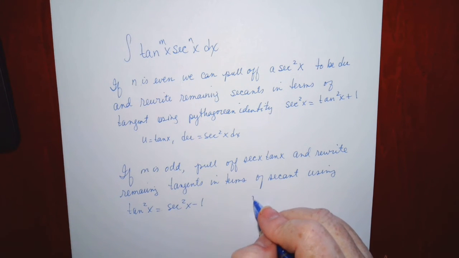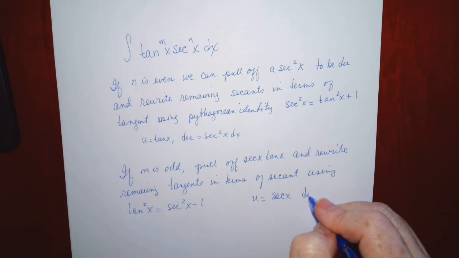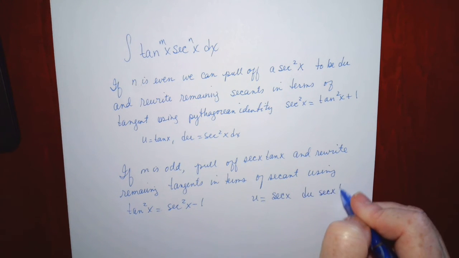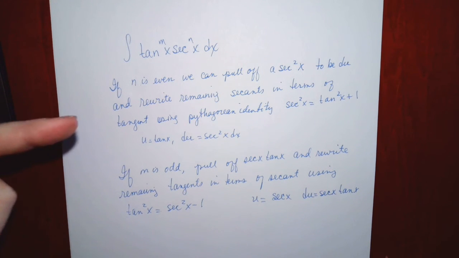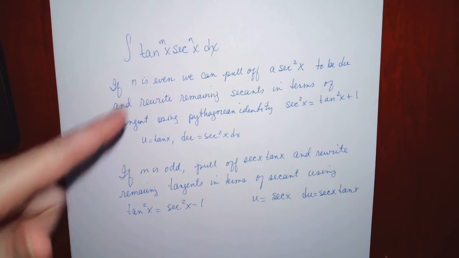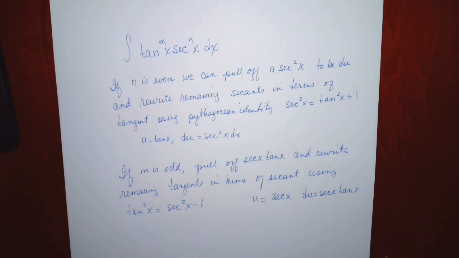And then you would have u is secant x, du is secant x tangent x. Now if n is even and m is odd, so if both of those things are true, you just get to pick. You can either pull off a secant squared or you could pull off a secant tangent. It just depends on what you would rather do.